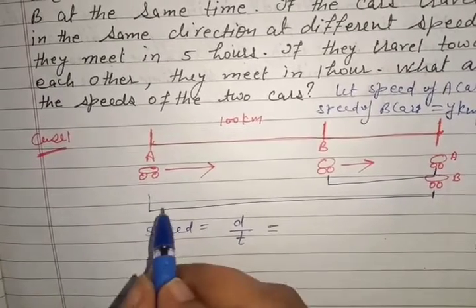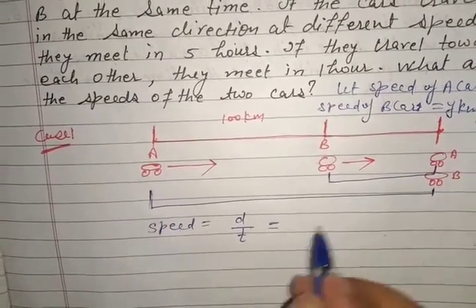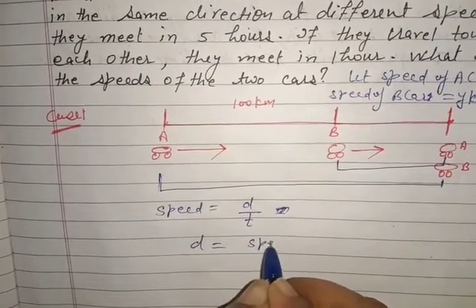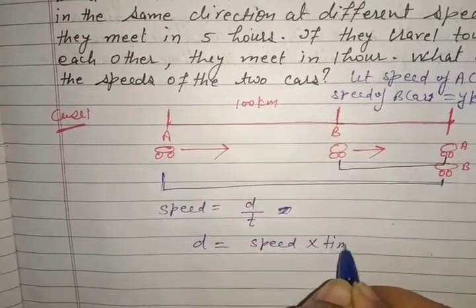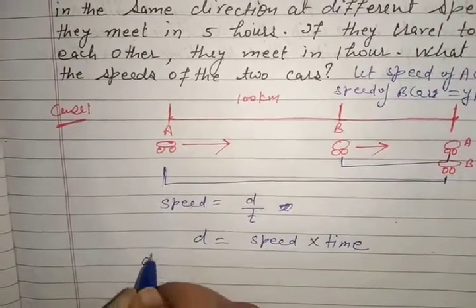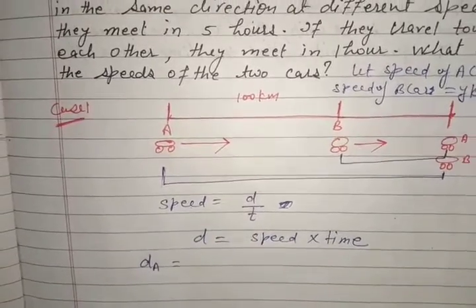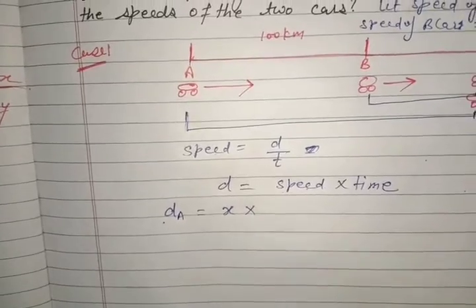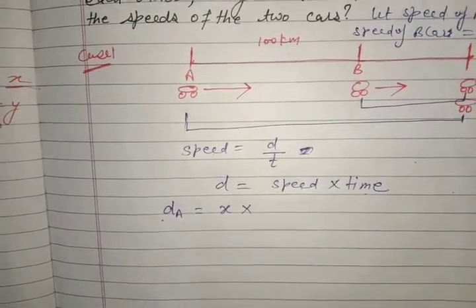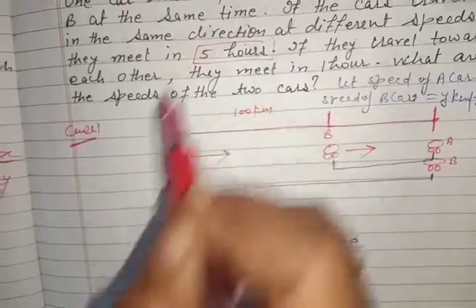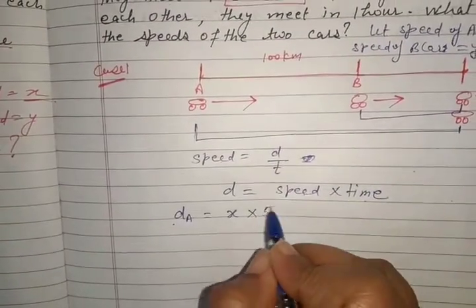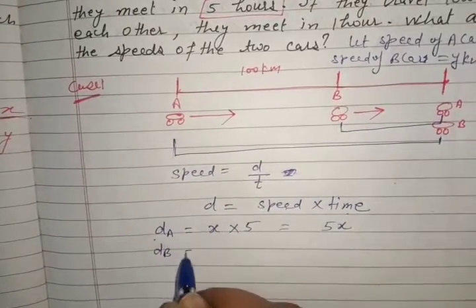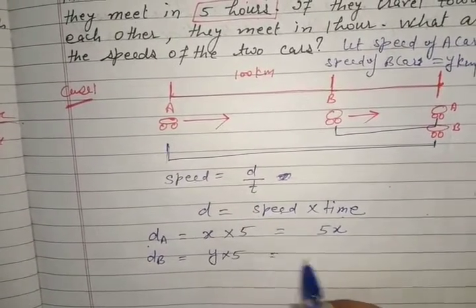Distance is same. So formula for distance will become speed into time. Now we will write distance A covered. How much distance A covered? Speed of A is x and time of A is 5 hours. So distance A covered is 5x. Similarly, distance B covered is y into 5, which is equals to 5y.